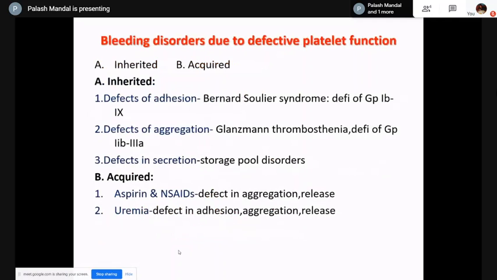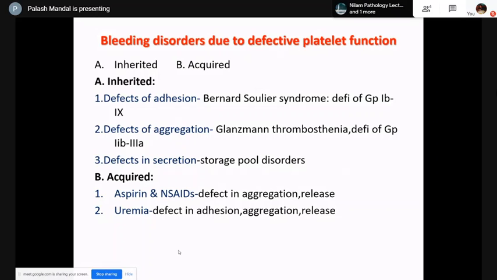There is a difference. So here we are coming to the defective platelet function. The numbers may be normal. A person may be having, suppose, 1,20,000 count, even 1,50,000 count, but the person is suffering from bleeding disorder.